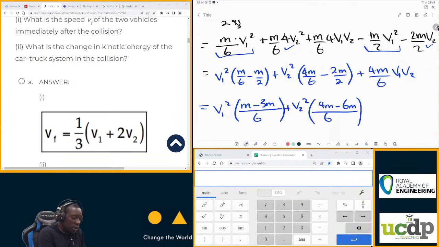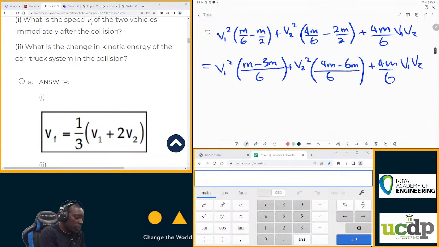So 6 into 6, that's 1, 1 by 4 is 4m, then 2 into 6, that's 3, 3 times 2 is 6m. So that's just putting everything in the bracket as a single fraction, plus 4m over 6 V1 V2.